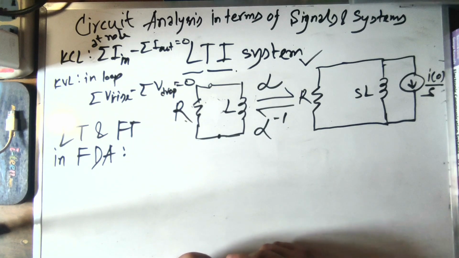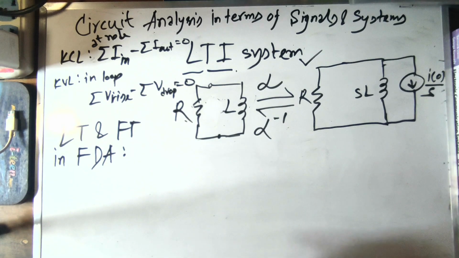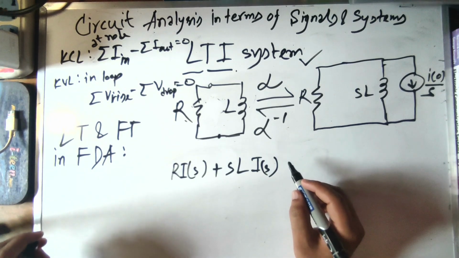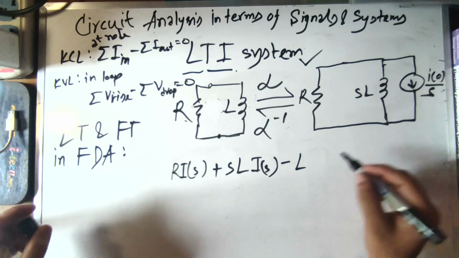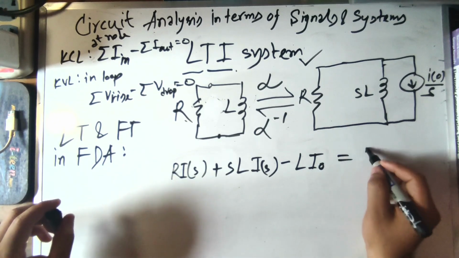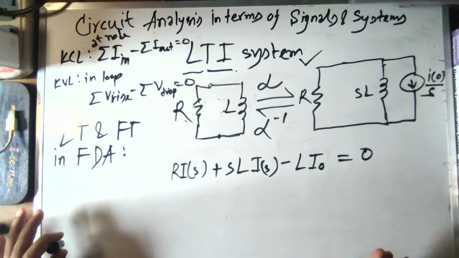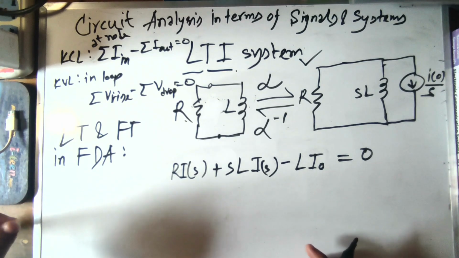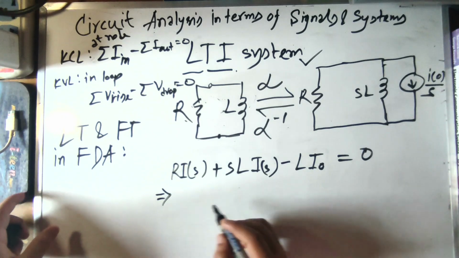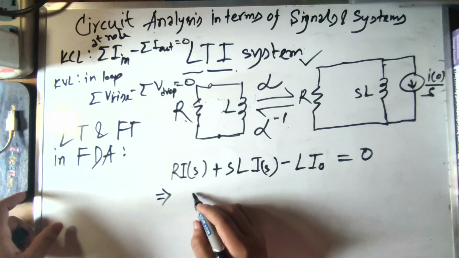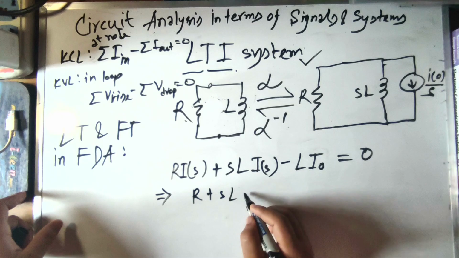So for the Laplace transform, the initial current gives minus L I0, where I0 equals 0. This is the basic system, which will give R plus SL.